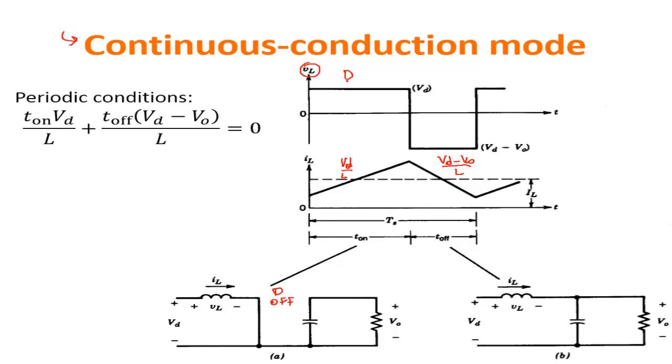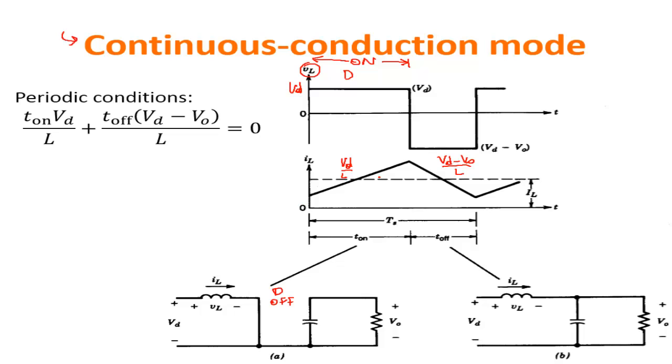During this period, the switch is on, and therefore you have Vd on the inductor, and during the following period the switch is off, therefore you have Vd minus Vo applied to the inductor. Also here we are discarding the component of the voltage drop on the diode. So during this period you have a current increase because voltage is positive, and the slope is Vd over L.